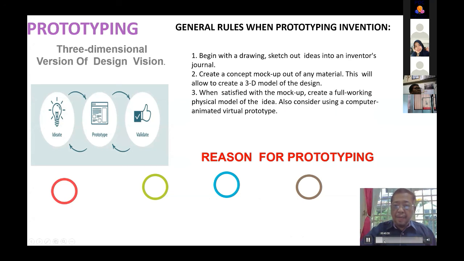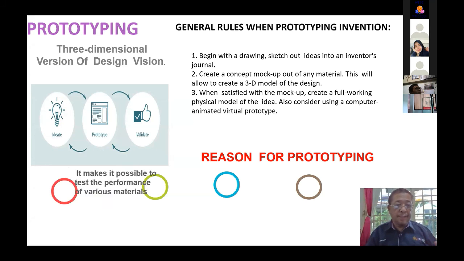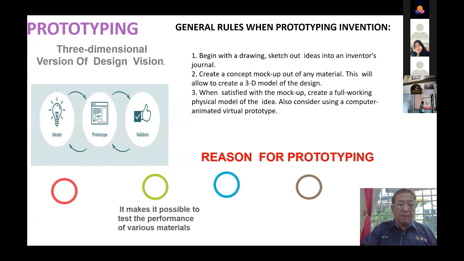What is prototyping? Prototyping is producing a 3D version of what you envisage in the design. It can be physical prototyping, which means you already produce a product, either in actual size or miniaturized size, or you can do a simulation, for example a computer-aided three-dimensional drawing.